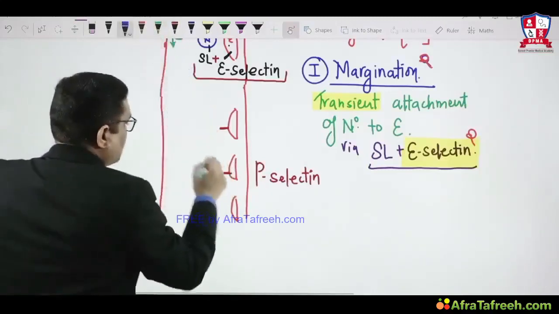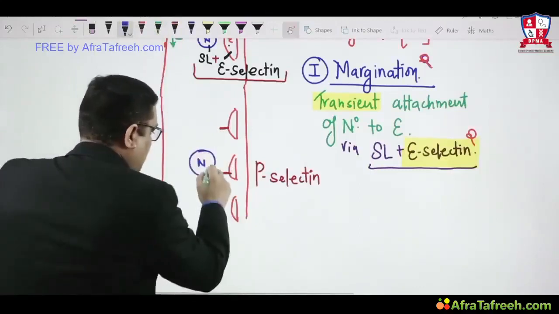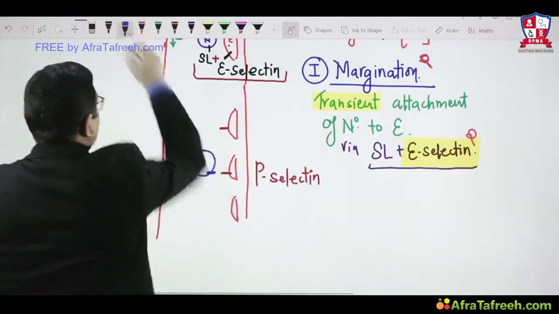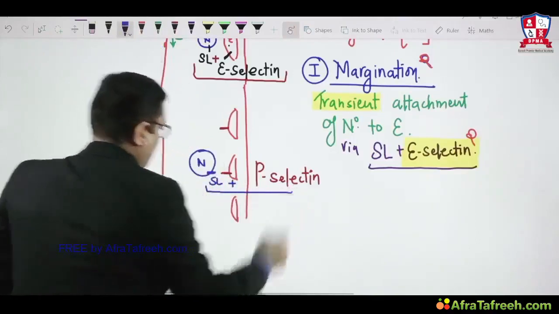This P-selectin will combine with the neutrophil. P-selectin will combine with the neutrophil's sialyl-Lewis ligand, right? So this sialyl-Lewis will combine with the P-selectin adhesion molecule.